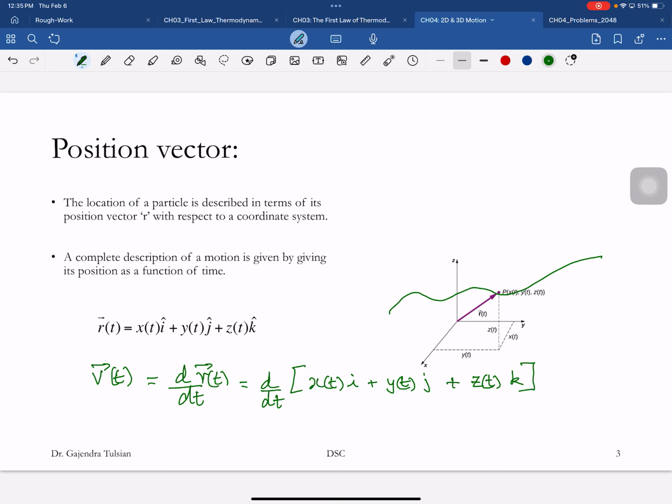You guys understanding that? Okay. So this would be the time derivative of that, plus the time derivative of that, plus the time derivative of that. So this would be dx by dt i plus dy by dt j plus dz by dt k.